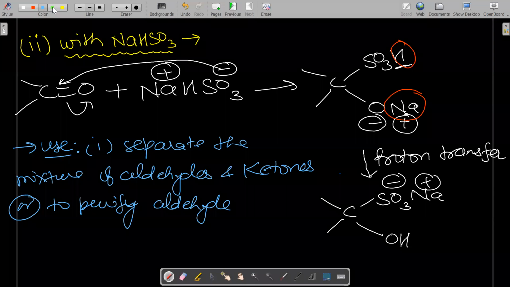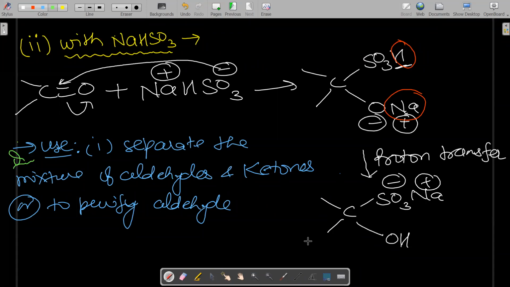How can this reaction be used? I just write it in the form of a question. Suppose this is the question, or you can say use. So how can we say that this reaction is used to separate the mixture or to purify the aldehyde from the impure compound?